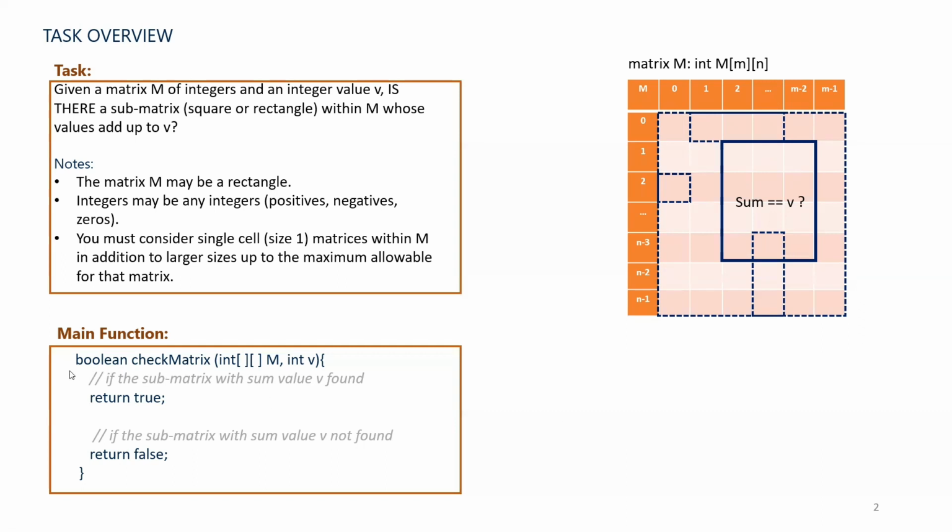The main function needs to be boolean checkMatrix. It will take a 2D integer array M and integer V. If a submatrix with sum V is found, it will return true, otherwise return false. The time complexity of the solution must be better than the brute force solution.